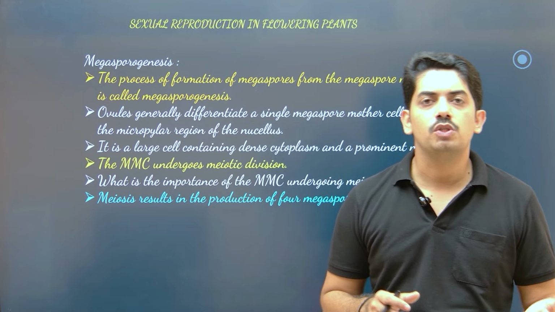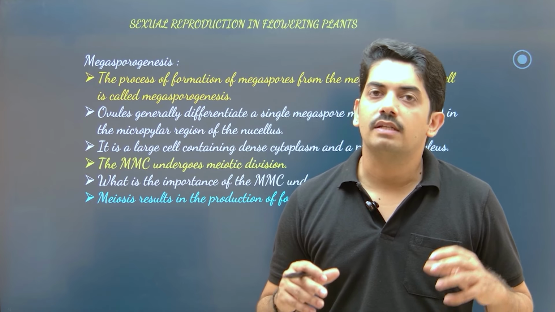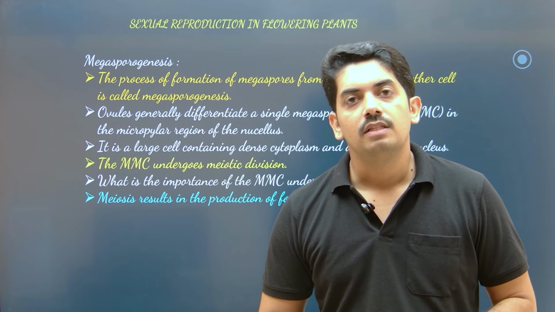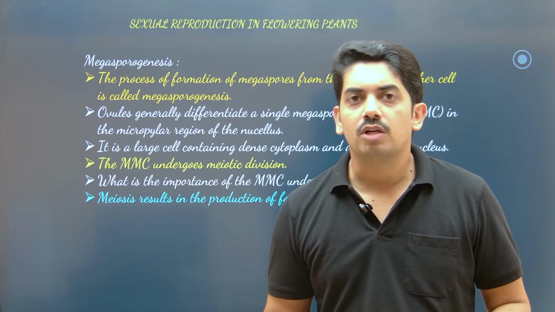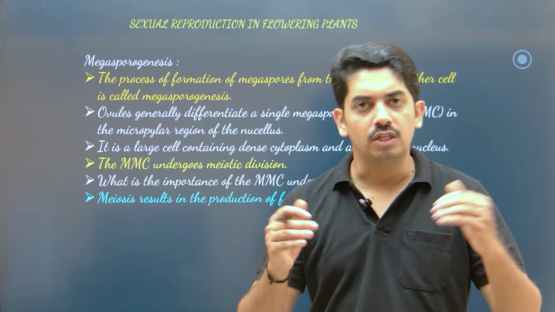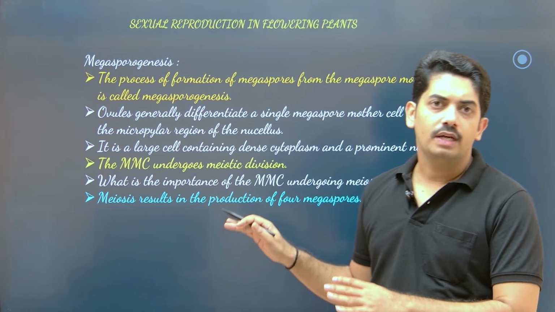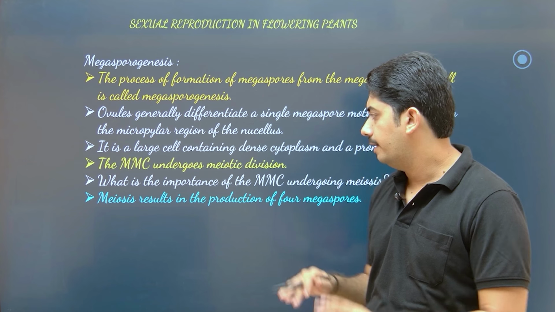Otherwise, just imagine there are 2 gametes that are not haploid but diploid. When they fuse, what happens? The offspring will be tetraploid, which we do not commonly observe in nature. So in order to maintain the ploidy, it has to undergo meiosis, so the gametes become haploid.